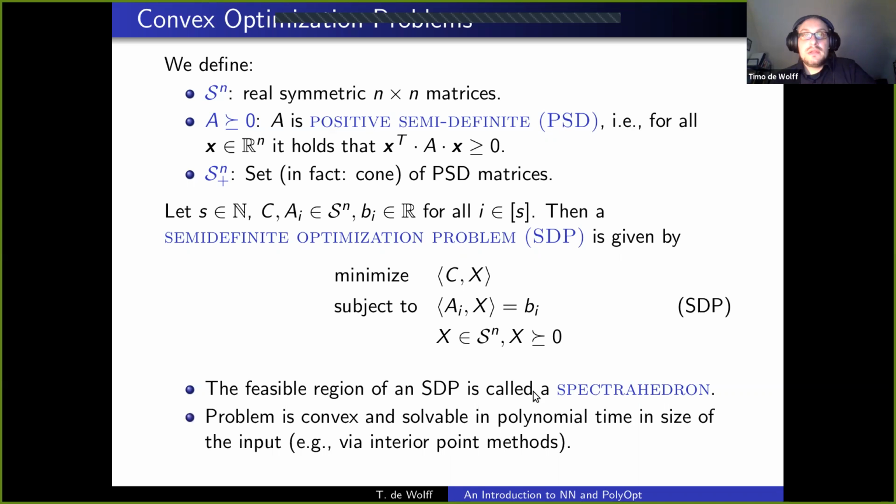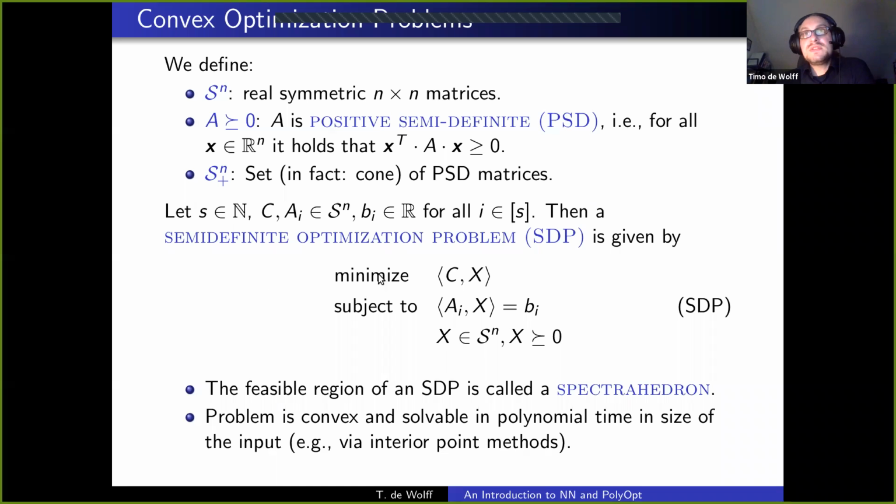And the good thing still is this is still a convex problem, and it's solvable in general, at least from a complexity perspective, in polynomial time up to epsilon error in the size of the input, for example via something called the interior point method. So again, we can hope that there's a good way of solving these things.